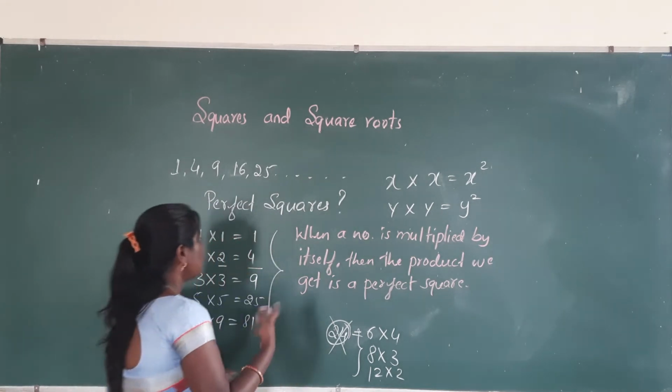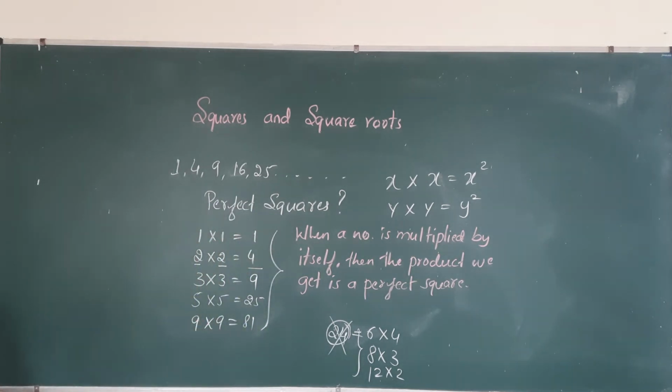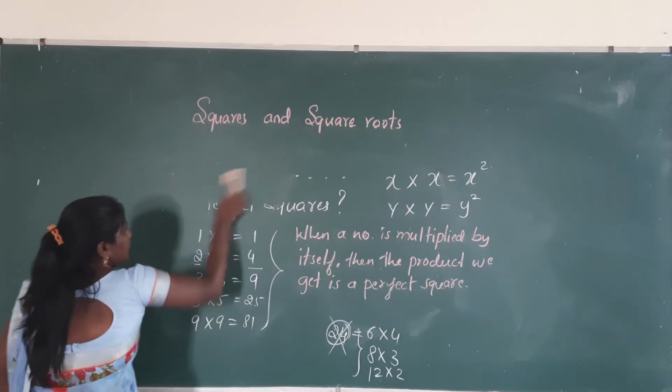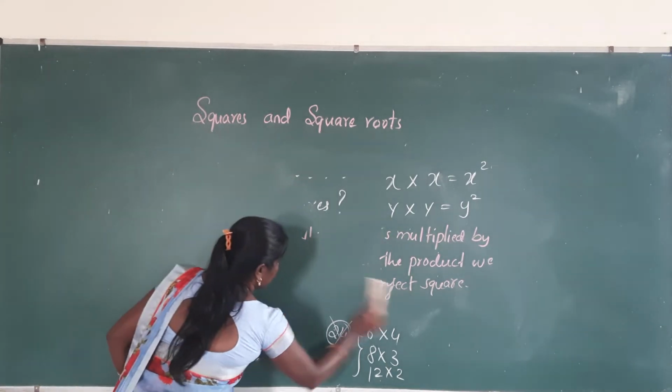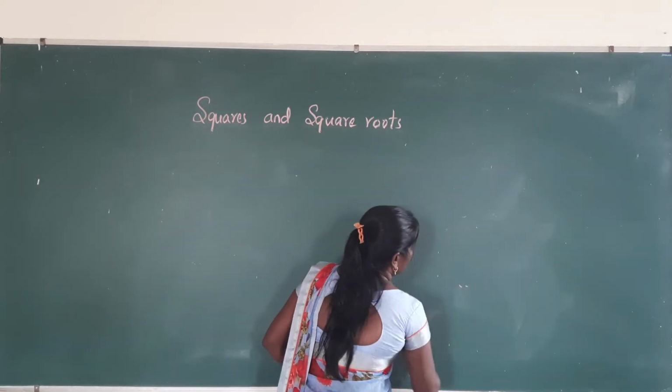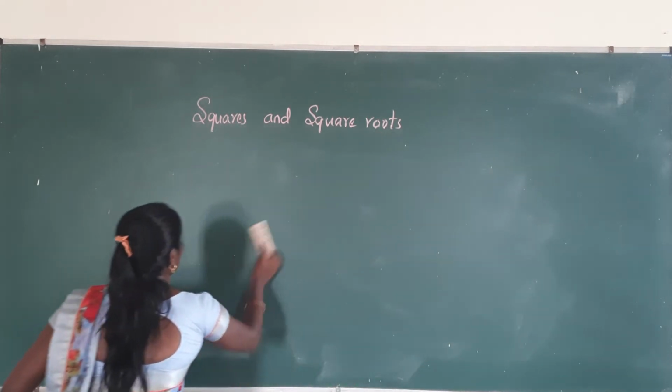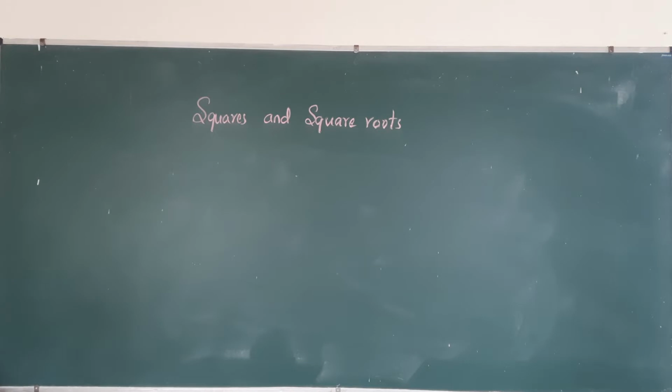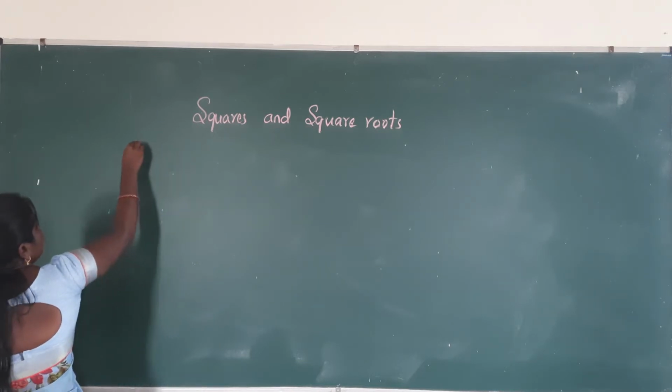Now, let us take the squares of some numbers. We consider the squares of 1 to 20.